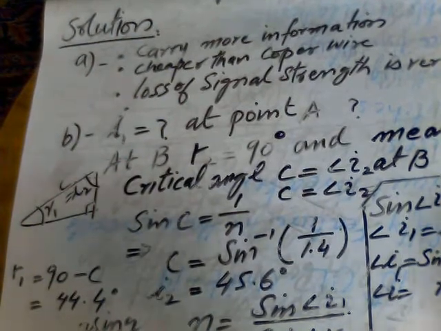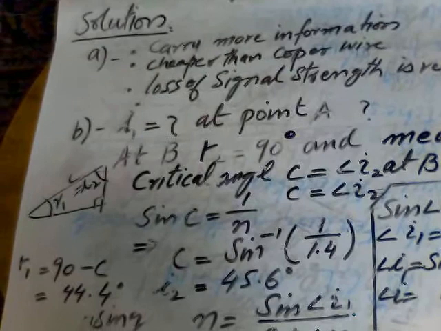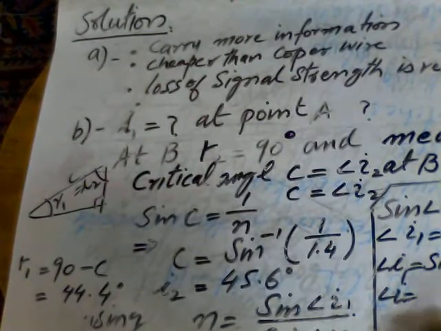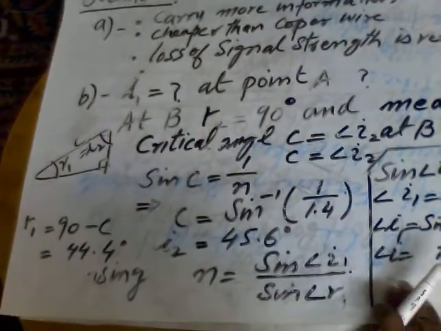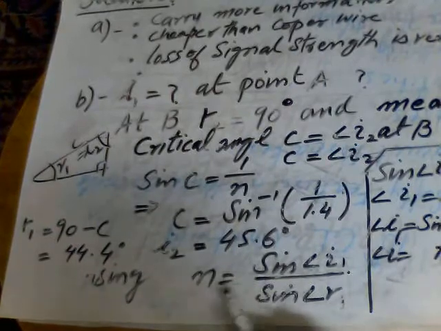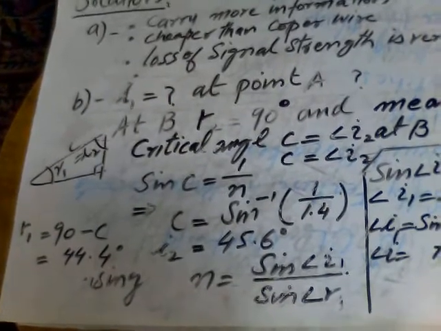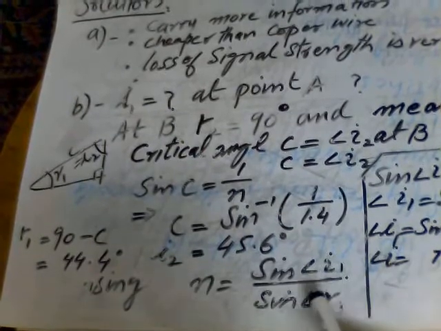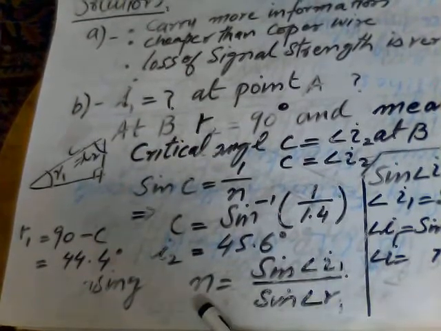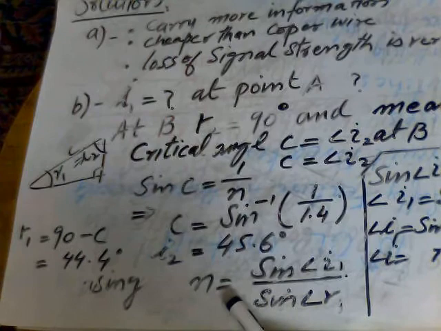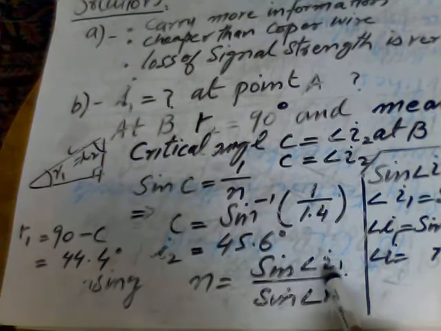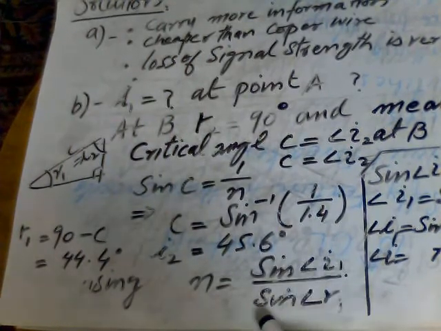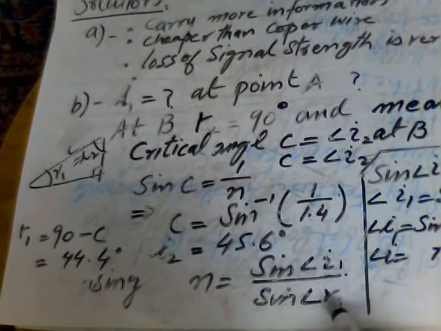Now we have to find angle I1, and using this formula we can find it. Refractive index is equal to sine angle I1 divided by sine angle R1.